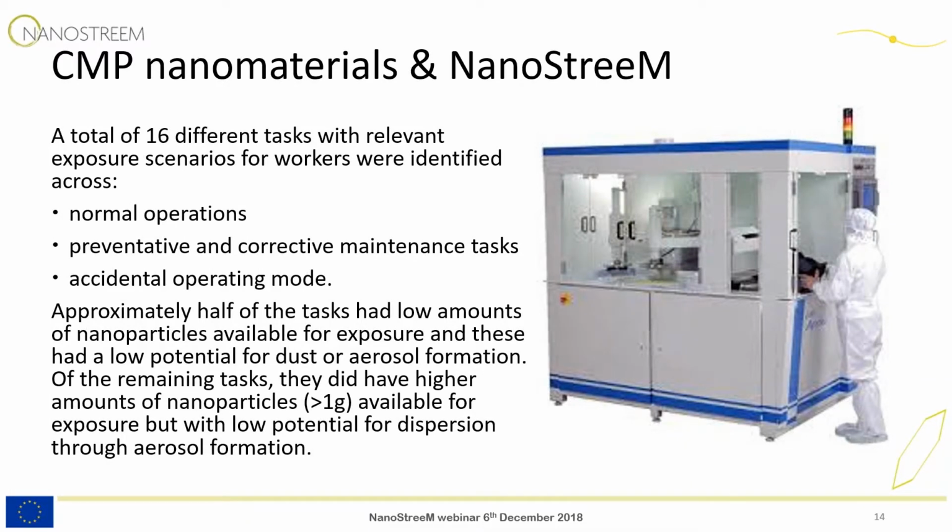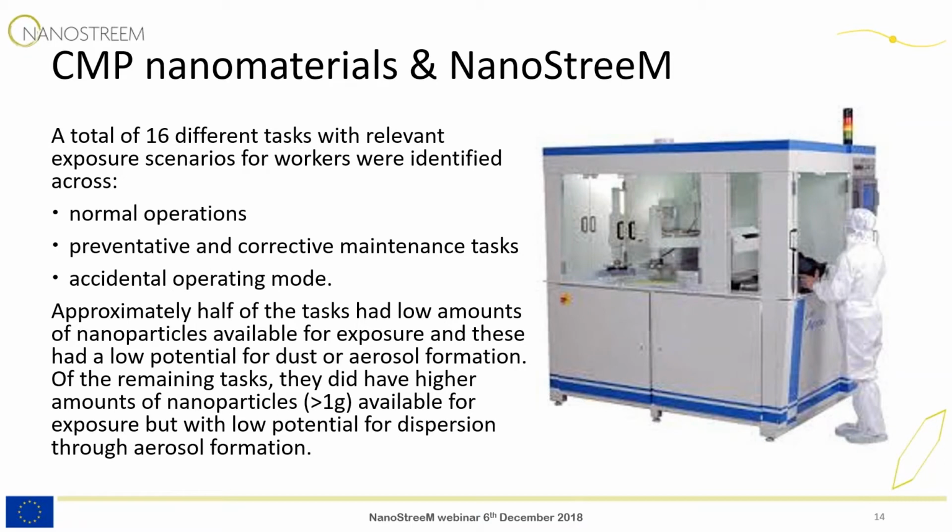Again, we just have an example of a full CMP tool there on the right-hand side. And in terms of what we actually found when we did our analysis, basically, we found that about half of all those tasks, so about 8 tasks or so, had low amounts of nanomaterials, nanoparticles, available for exposure.